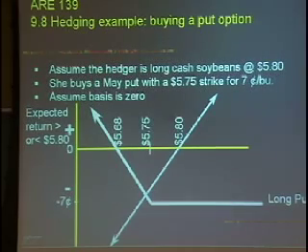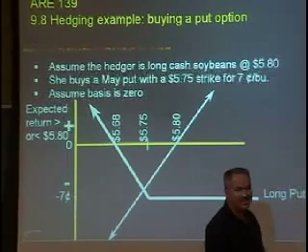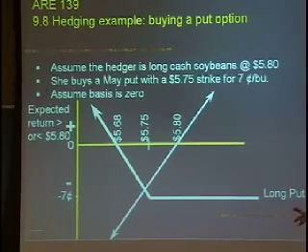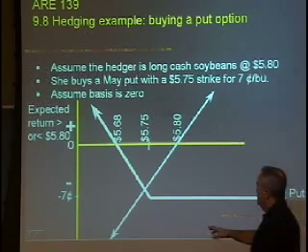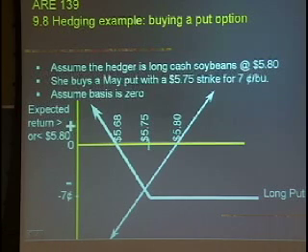We buy a put option, the one we just looked at, that has a strike of 575, and the premium is 7 cents. So we're long cash. We've purchased this put. 7 cents, so the break even on that is 568. And this gives us our payoff to the put.